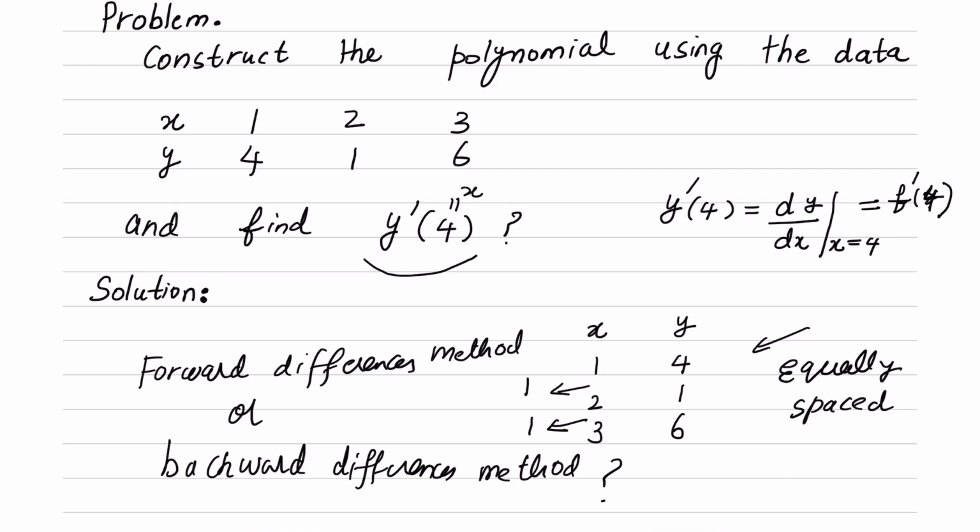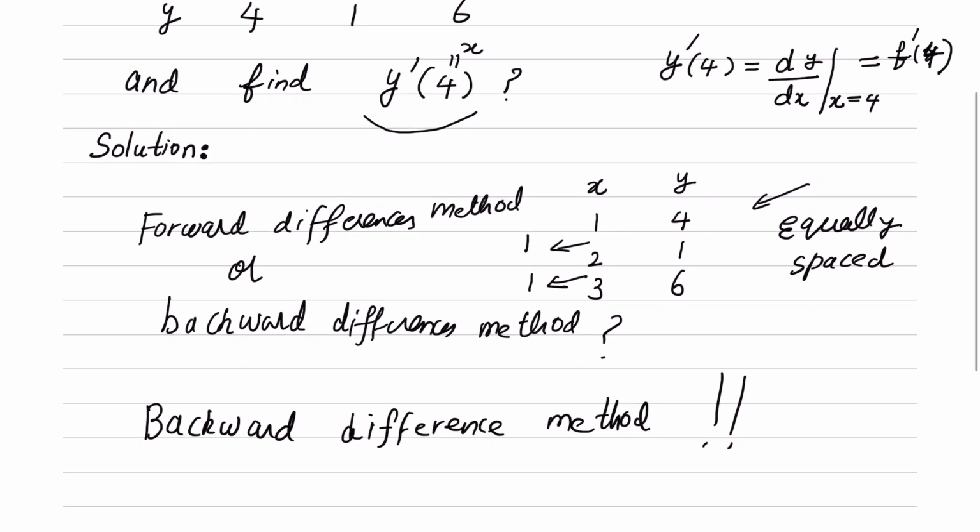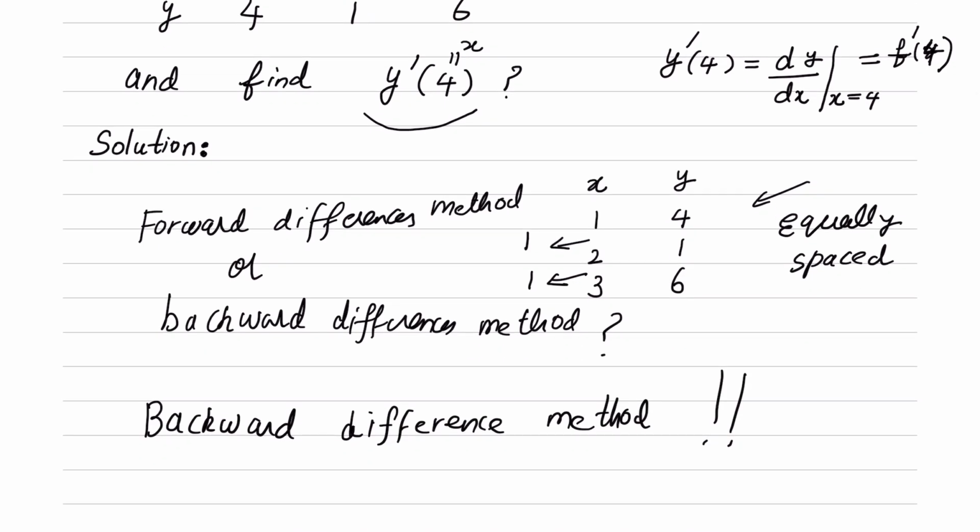So is this x equal to 4 closer to the start of the given x values or close to the end of x values? So x equal to 4 is close to the end of x values. The last x value is 3 and the derivative needs to be calculated at x equal to 4. So this 4 is close to the end of x values. So for this reason, we will use the backward differences method.